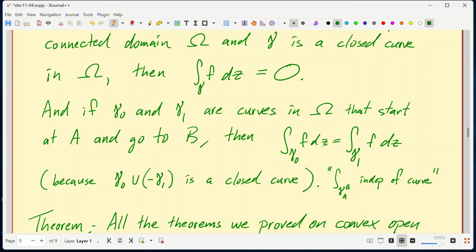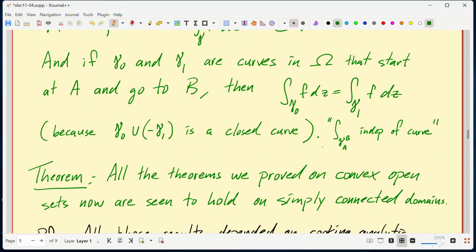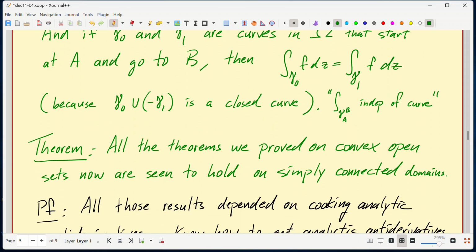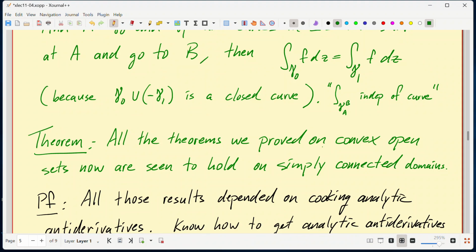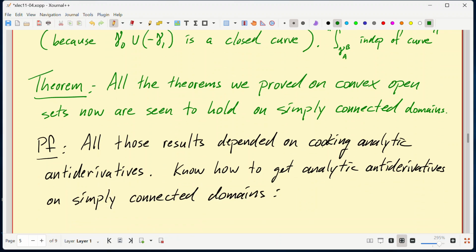And remember, all the theorems we proved on convex open sets now hold for simply connected domains. And that's because the tool we needed was those integrals being independent of path. So for example, in those basic theorems, we cooked up analytic antiderivatives. That was basically the most important thing.